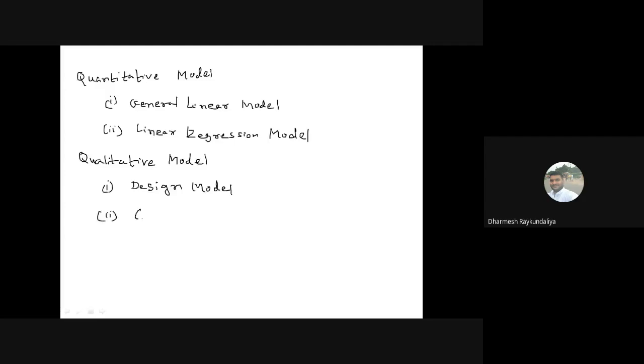Second is the component of variance model. So here the effects are fixed, here the effects are random. Treatment and blocks are random, then that is part of a component of variance model.